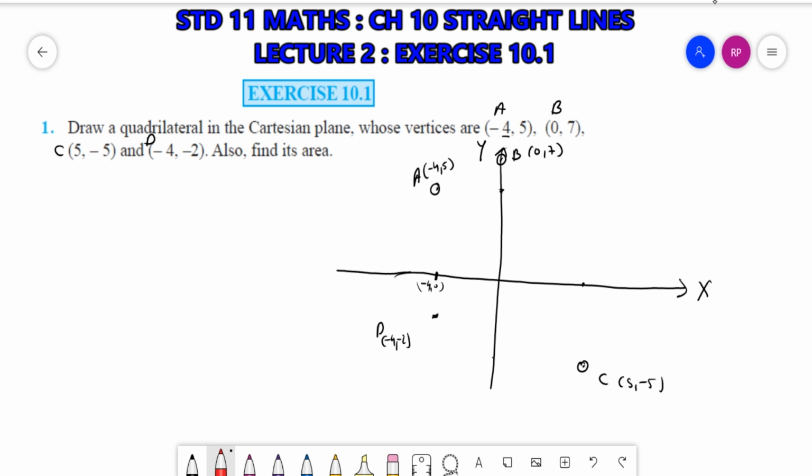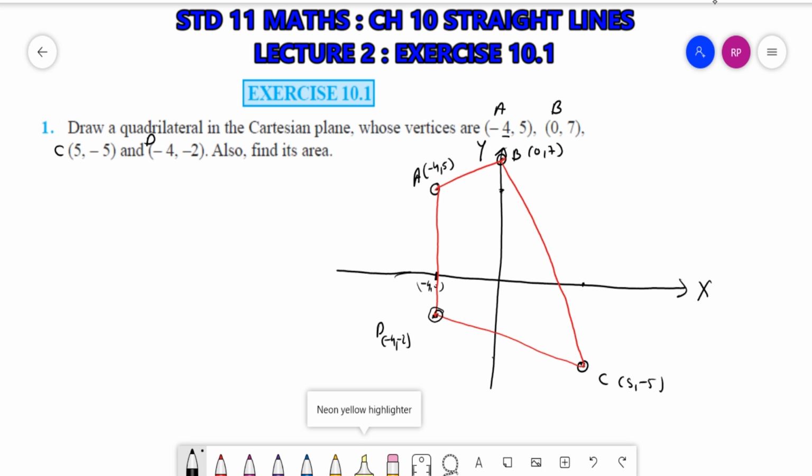So now let's draw the quadrilateral. This will be the required quadrilateral.